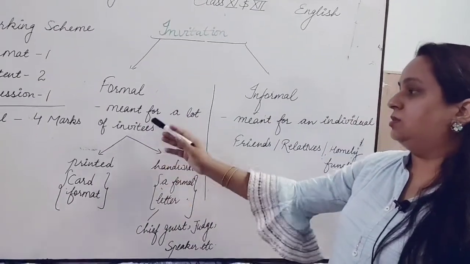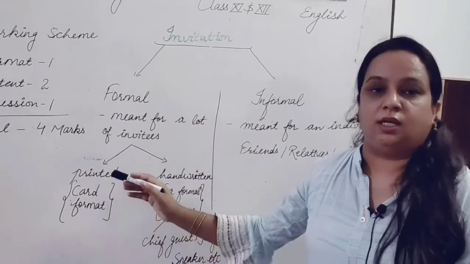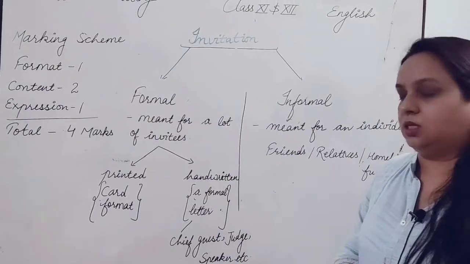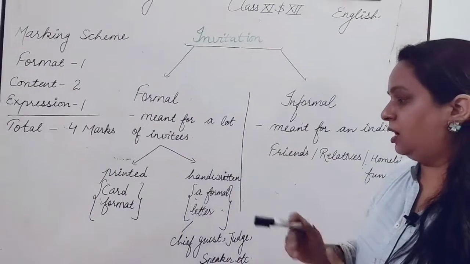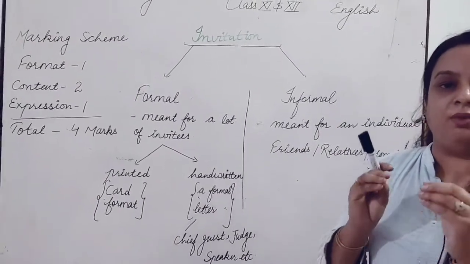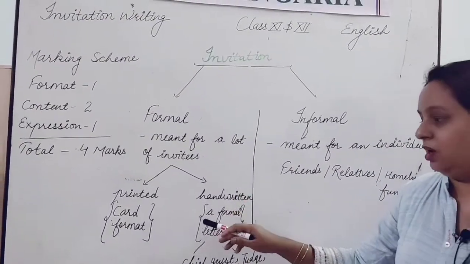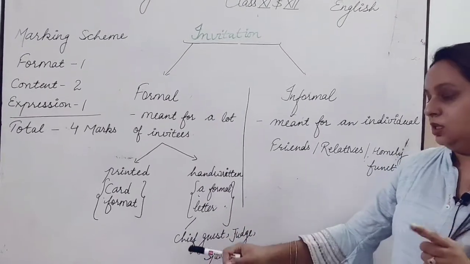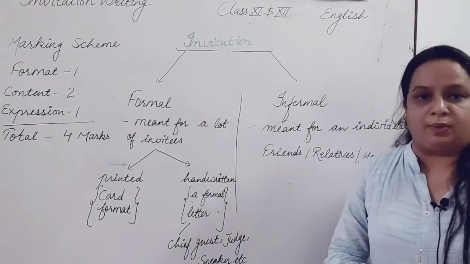A formal invitation is meant for a lot of invitees. Generally, these are written in printed form, meaning the card format. In some cases, they can be handwritten, generally in the formal way of a letter. This handwritten form is used to invite chief guests, judges, speakers or any VIPs.